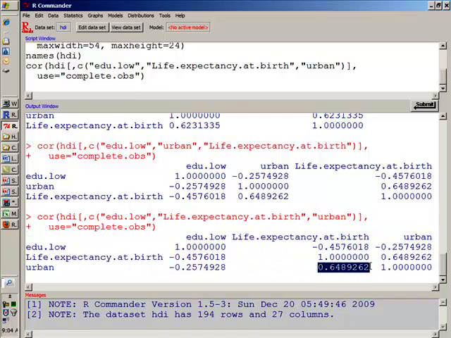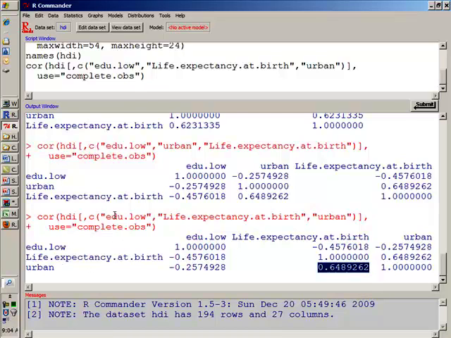And this way you see that there's a matrix of 3 by 3, where 3 variables are reported here, and the same are reported on the first row. And you could see that life expectancy is correlated with education and also with urbanization, and you can see that the matrix is symmetric. What you see on either side of the diagonal, you get the same values.